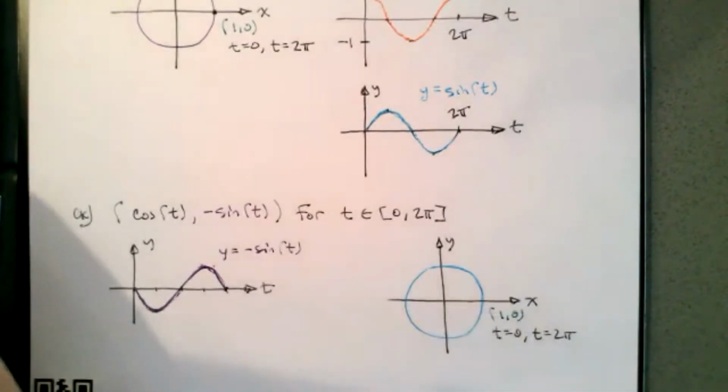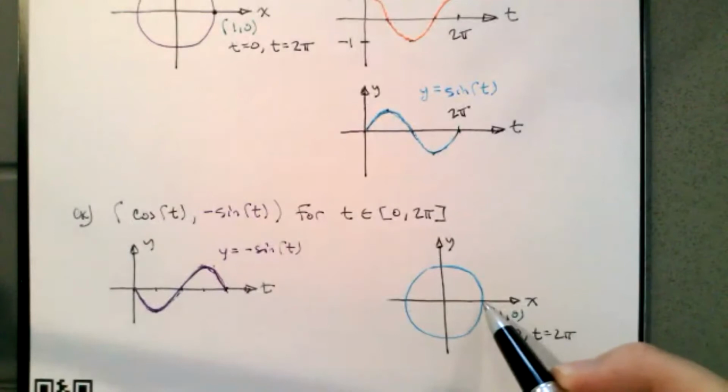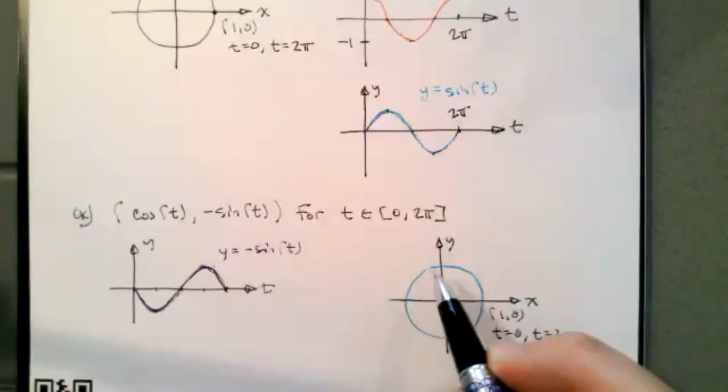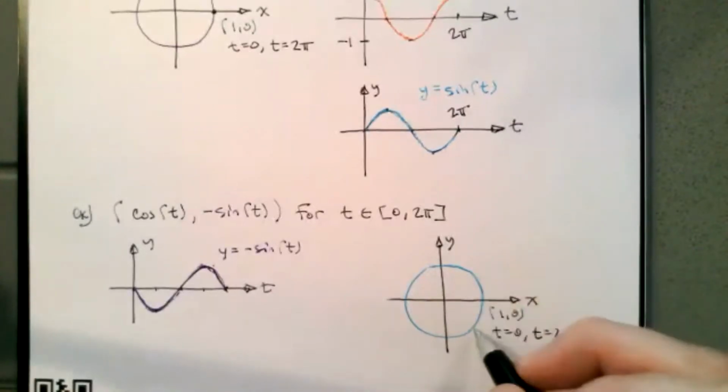But in the y direction, we've changed the direction. Y is going to start off at 0, go down, and then up, and then down again. So as x goes down and up, y goes down, up, and then down again. So we're going in the opposite direction.